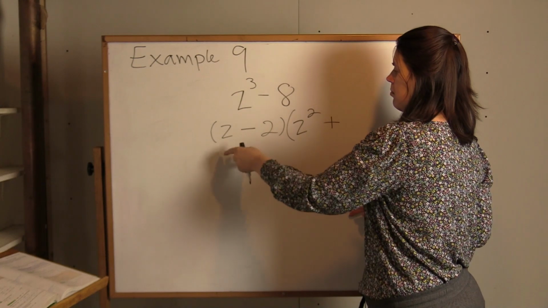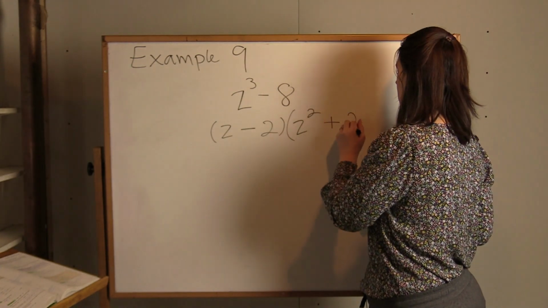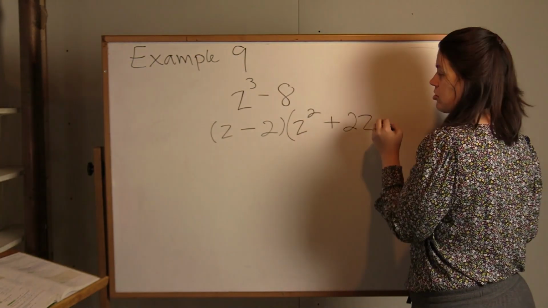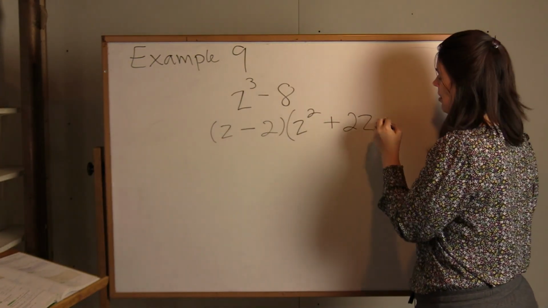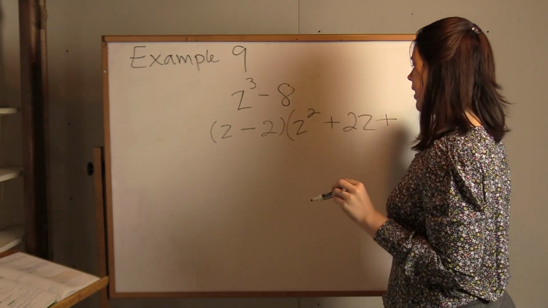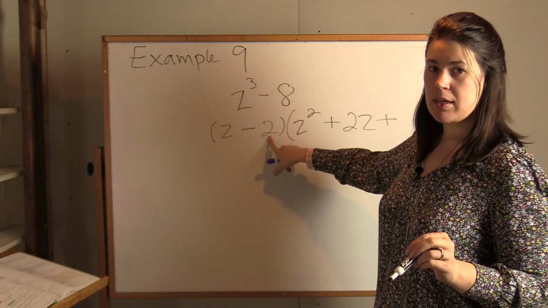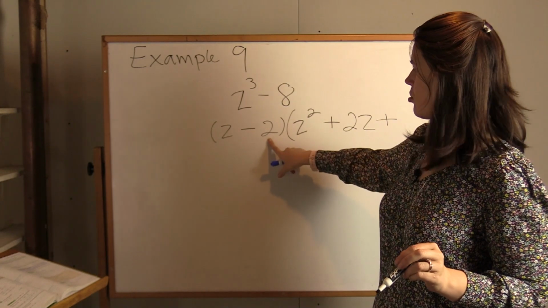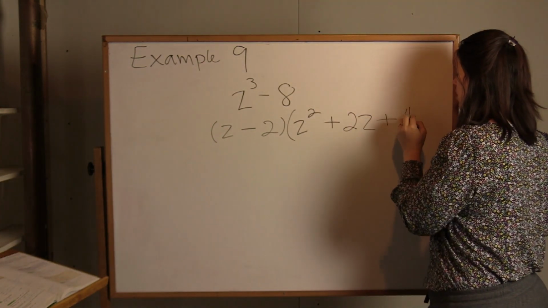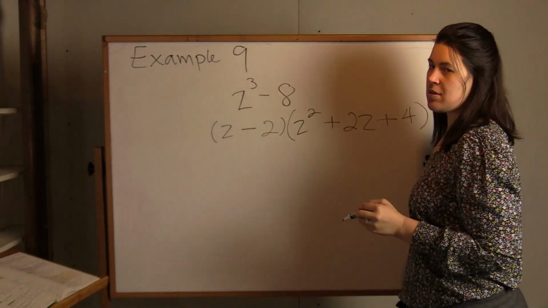So 2 times z is 2z. Then the last term is always plus, okay? And we take the second one in our binomial, in this case it's 2, and we square it. What's 2 squared? 2 times 2 is 4, and that's our answer.